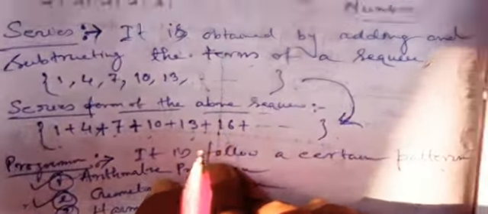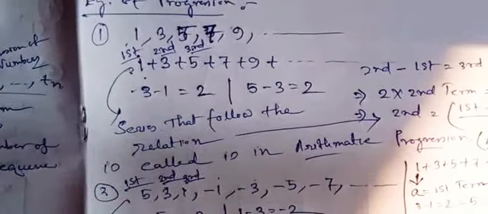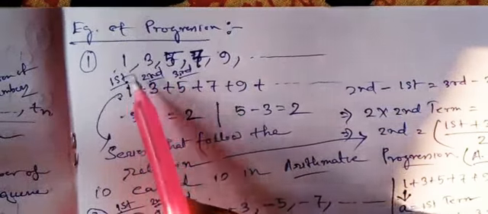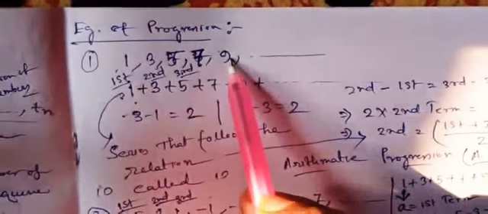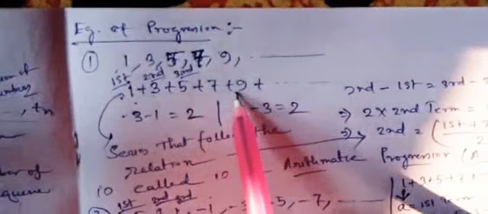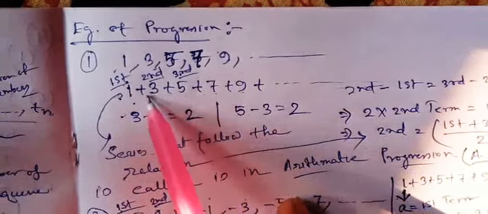Next, let us take one example so that you can understand better. Let us take 1, 3, 5, 7, 9. Now if we add these, 1 plus 3 plus 5 plus 7 plus 9 plus dot dot dot, this is the series.